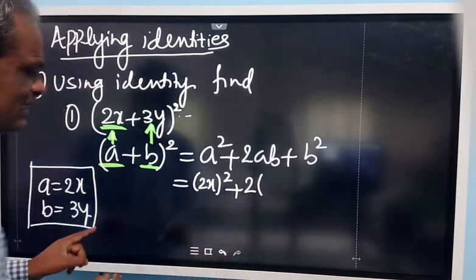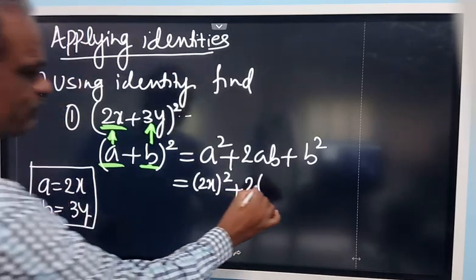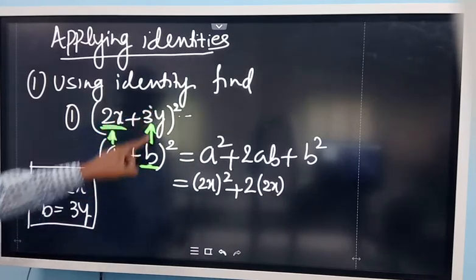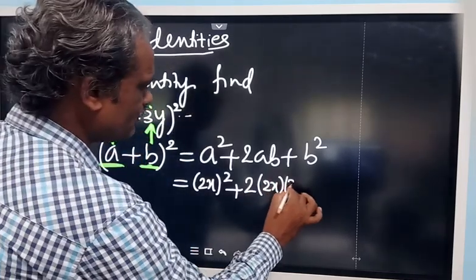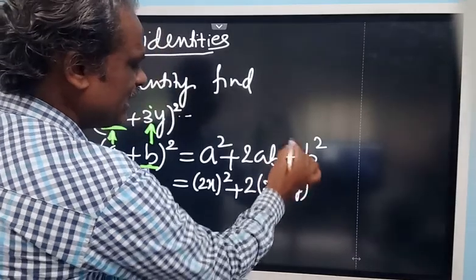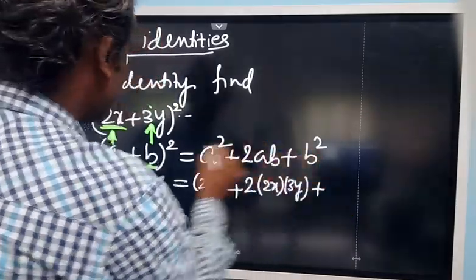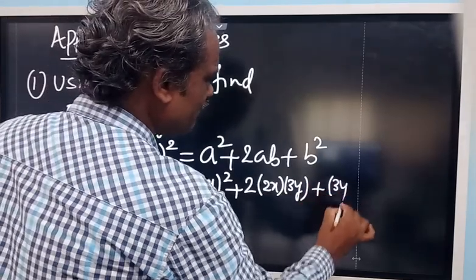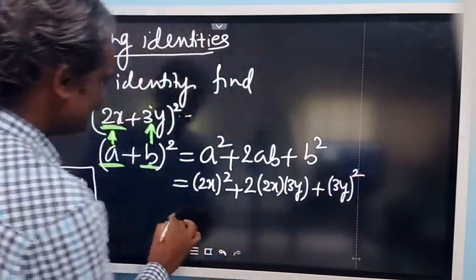A value, I will write inside the bracket, let us substitute that 2x. And b value, look at this one. What is there in place of b? It is 3y. So (3y). Then you write this plus sign as it is. B, look at this b value, it is 3y. B squared. So (3y) whole squared.